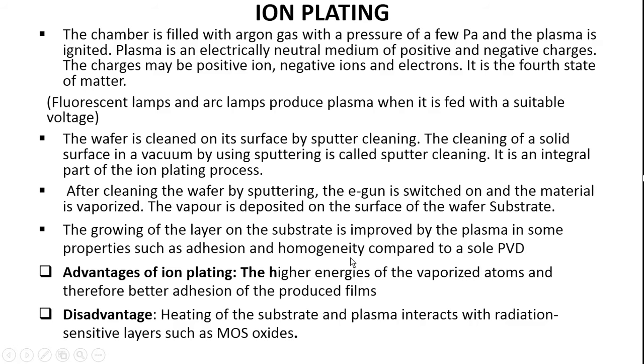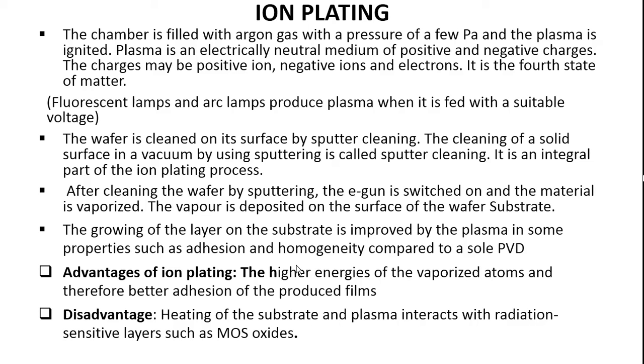In the ion plating technique, the ions of the material to be vaporized are made available with the help of the electron gun, and they hit the gas ionization taking place between the target and the substrate area. That makes the vapor of the metal ionized and available at the surface of the substrate.